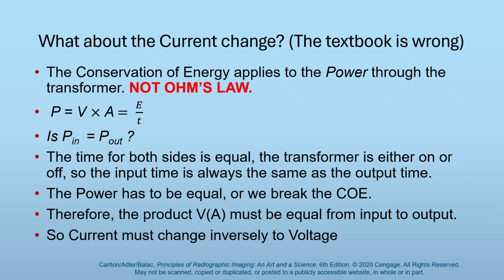Okay. Well, power in a transformer, when you turn on the transformer, the energy of the input has to equal the energy of the output, because the time that you're operating the input is the same as the time you're operating the output. Let's say you're going to run the transformer for 5 seconds.